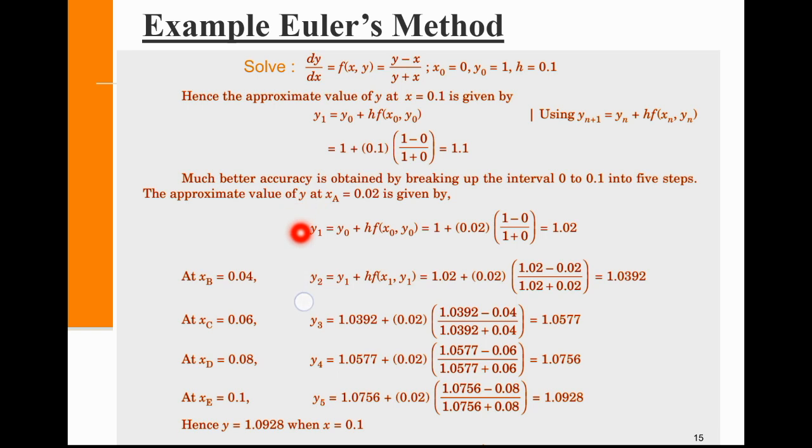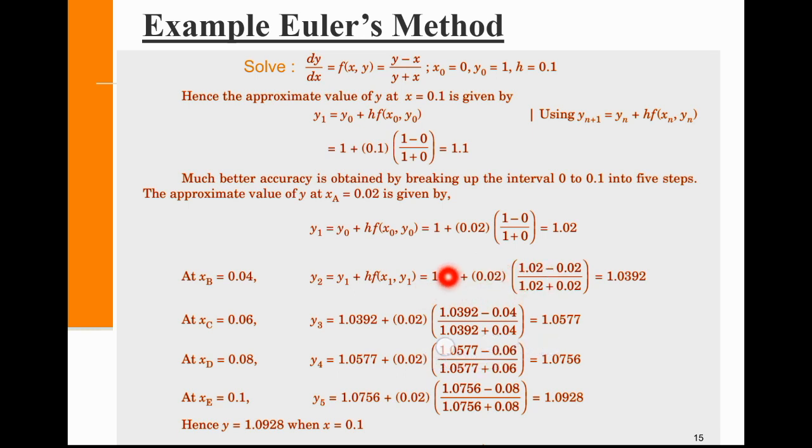First of all, y1 is y0 plus h f of x0, y0. We have substituted all the values and got the value of y1. So with the help of this y1, we have then evaluated the value of y2. So the formula for y2 is y2 equals y1 plus h f of x1, y1. So after putting in the values, 1.02 plus 0.02.